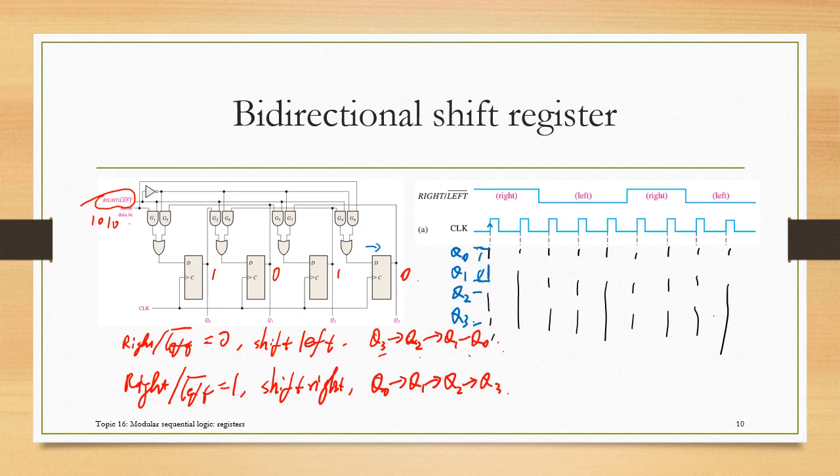So we got 1 0 1 0 at the beginning, and it will shift right. So I got this shift here, this shift here, this shift here. Then what happened to Q3? This data is read out, so it's no longer there. So I got this. Then at the second edge, it still shifts right.